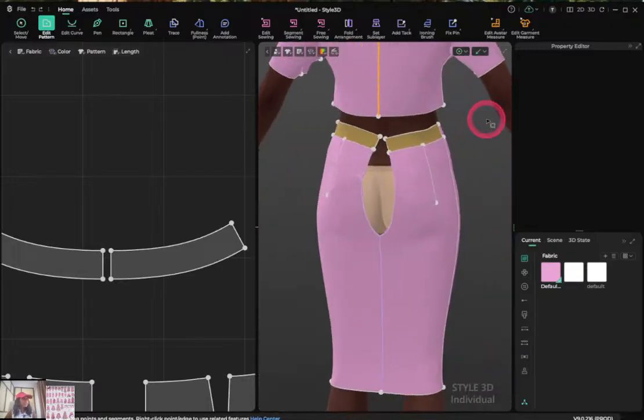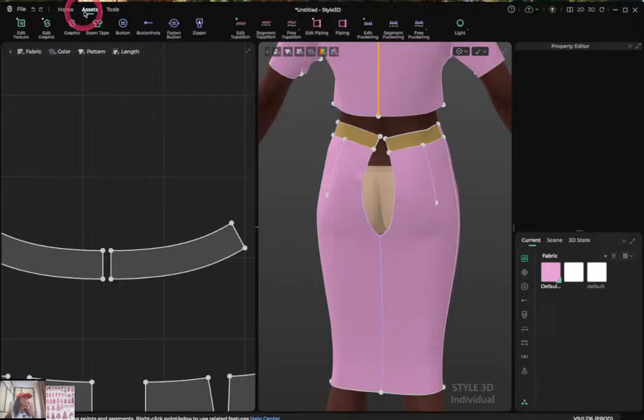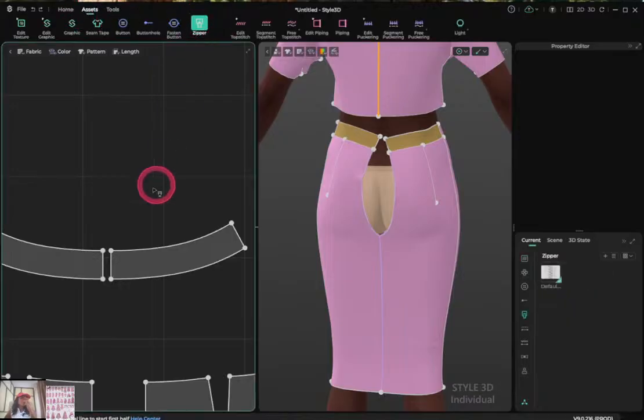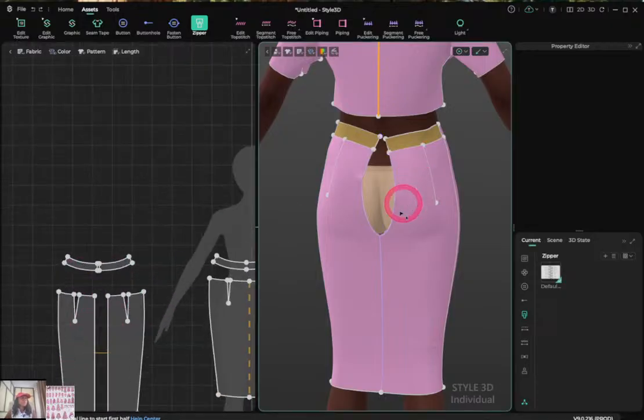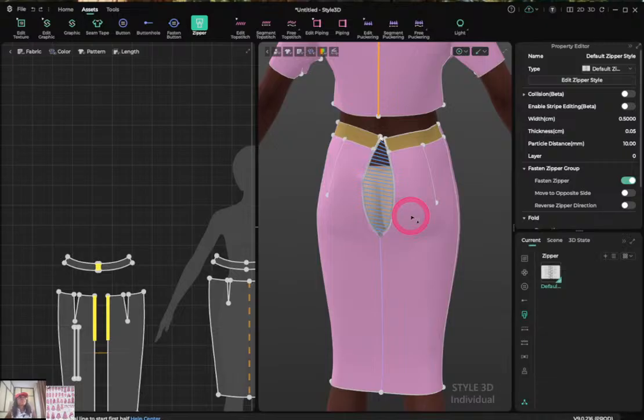And I'm going to bring in a zipper. So the zipper is starting from here to there, double click, and then come back down here, go over, and then, oh wow, okay, it worked.